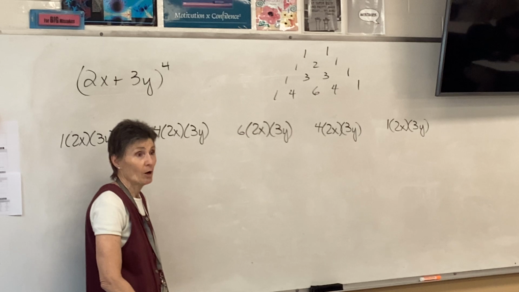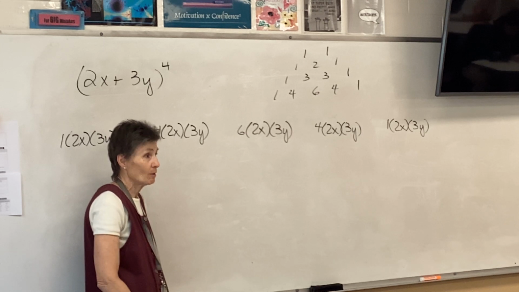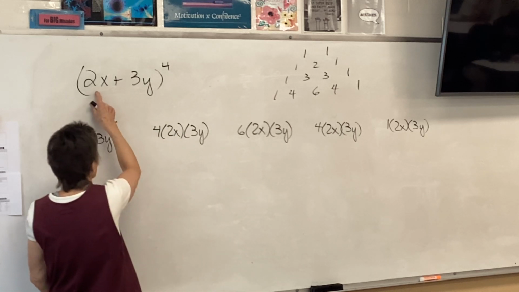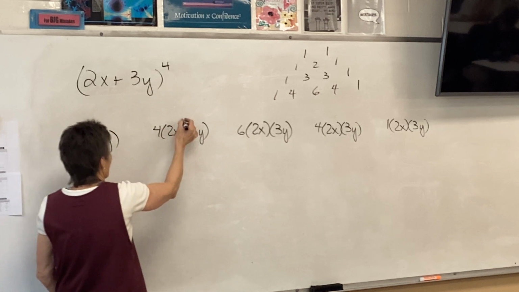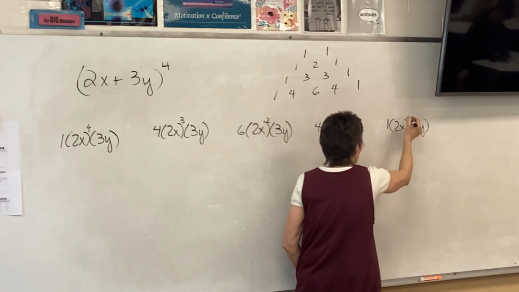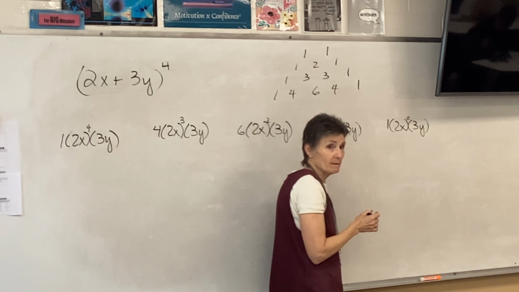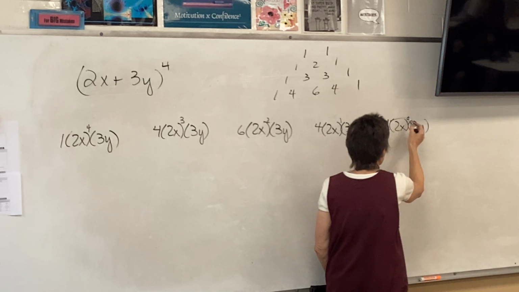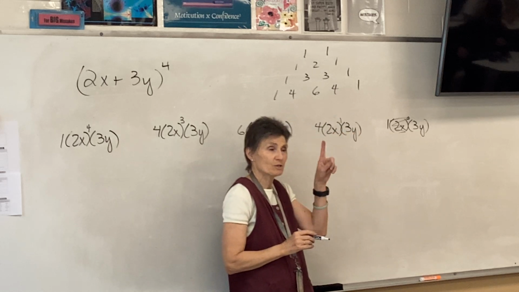Now I have to put on my exponents. There's a countdown, remember how that works? So we start on the x, start on this guy first, and he's gonna be a 4, and he's gonna count down. And remember, if you put a 0 on something, you can kind of get rid of it, because anything to the 0 is just 1.